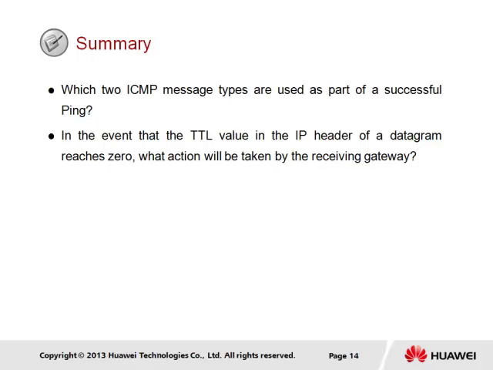If the received packet has a TTL value of 1, the gateway device will decrement this value, resulting in a TTL value of 0 prior to forwarding, which means that the packet shall not be forwarded, and instead the gateway will proceed to discard it and return an ICMP message to the source in order to notify that the datagram or packet failed to reach its intended destination. The form of ICMP message returned in this case would be of a type value of 11 with a code value of 0.